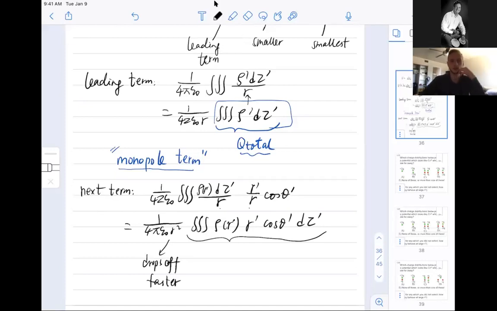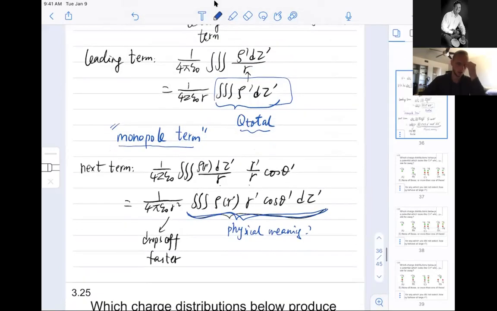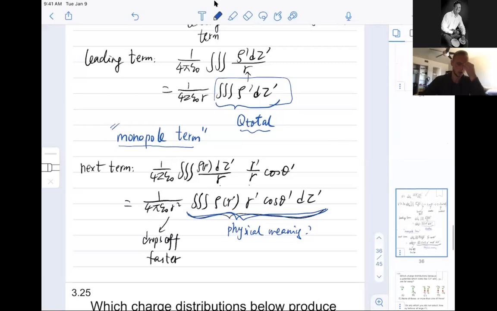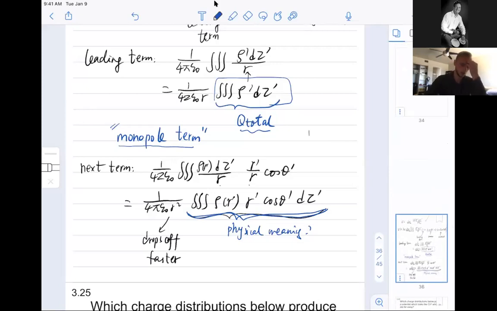And care to guess what all of this is? The physical interpretation of this? What is the physical meaning of this term? I want to recall something we did in the previous class, we derived this formula.